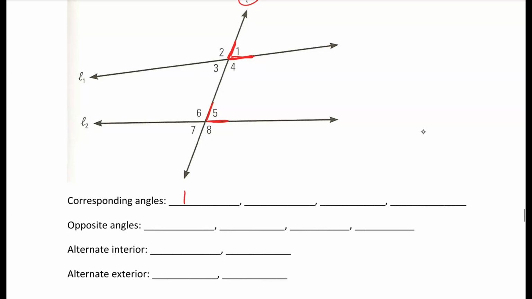So for corresponding angles, we'd have 1 and 5 as similar angles. We'd also have 2 and 6. We could also have below that 3 and 7. And last we'd have 4 and 8.